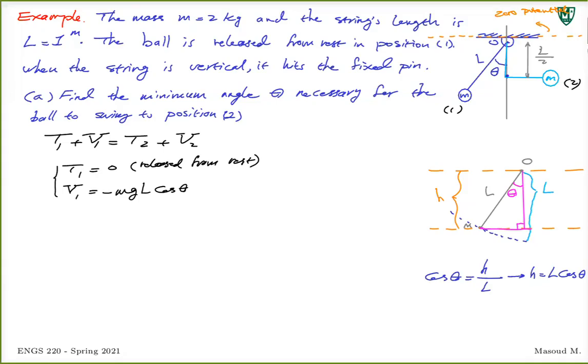L is the length, theta is the angle that my pendulum creates with the vertical line at this position. So creating that right triangle, knowing L and theta, I can find H. I can write H as a function of L and theta. Well, theta is something I'm trying to find, L is something that I'm given. Below the zero potential line, so it's negative. If I was above, it would have been positive. So that becomes potential energy at point 1. That's pretty much it.